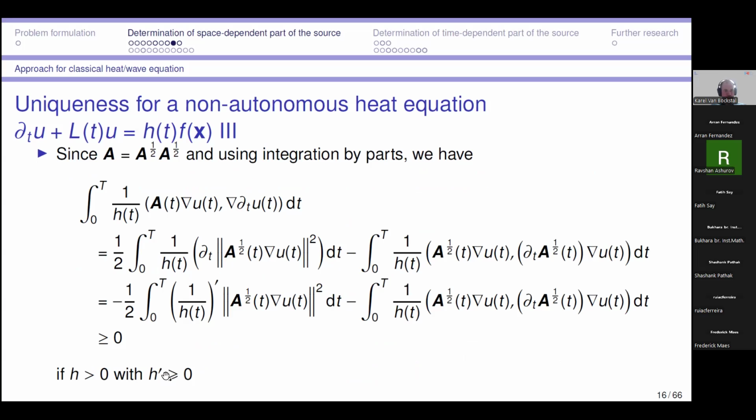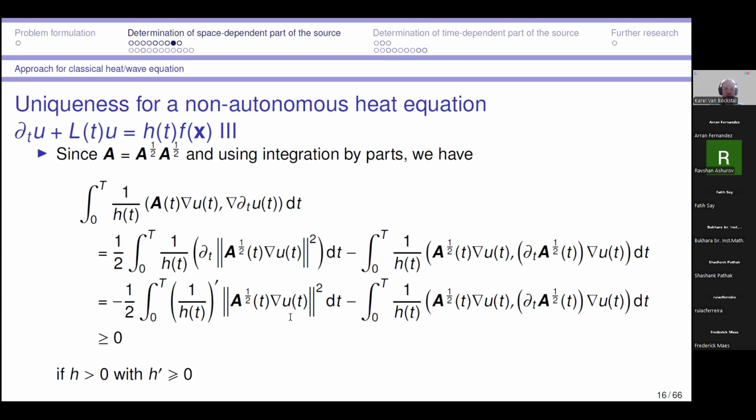As an alternative, one can look at the sign of the derivative of h. We have here the derivative of h divided by h squared. h is strictly positive, so we can look at the derivative of h divided by h as well.